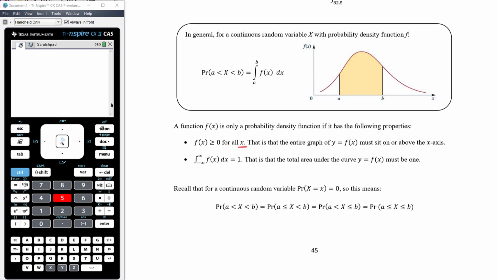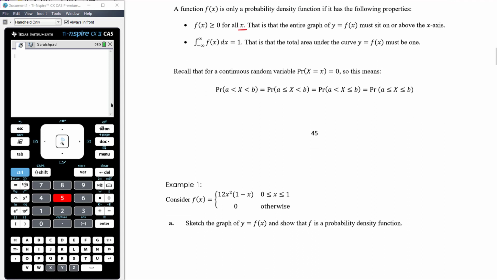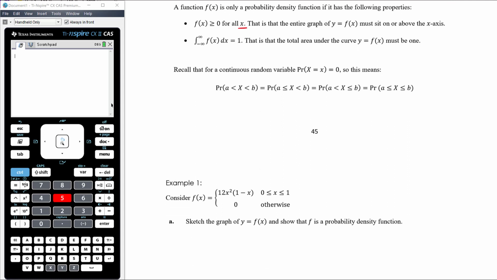And that's because the probability that x equals a is 0. So if we include it or don't include it, it's still the same probability, okay? And I know that idea of the probability of x being equal to something being 0 is not particularly intuitive. But again, it comes back to that. It's actually impossible to measure something precisely. It's sort of that idea.